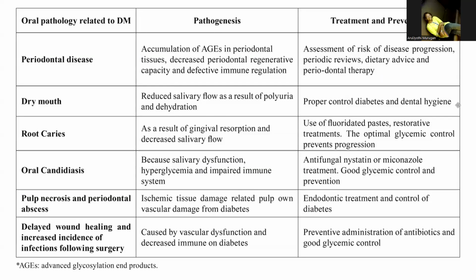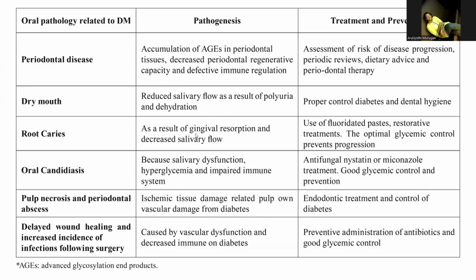Coming to xerostomia, this is due to reduced salivary flow as a result of older age or neuropathy, or due to medications taken for the treatment of diabetes. The proper treatment is proper diabetic control, and you can improve the dental hygiene. Saliva substitutes can also be given.